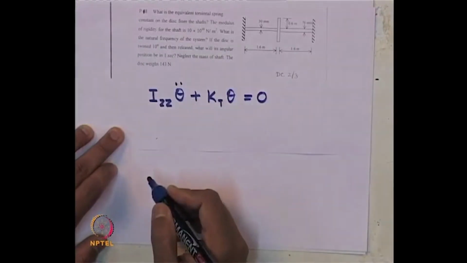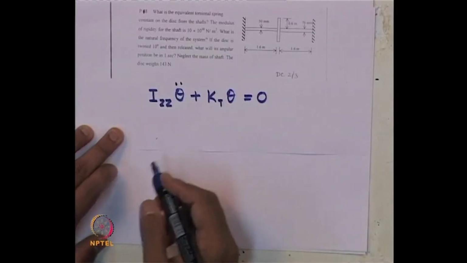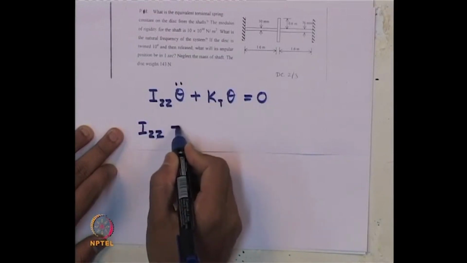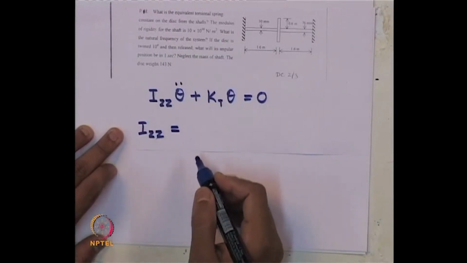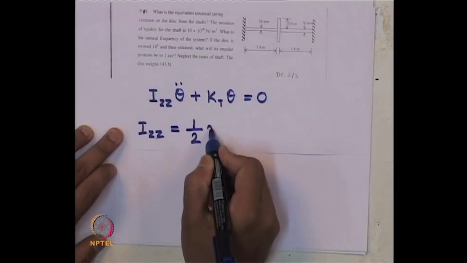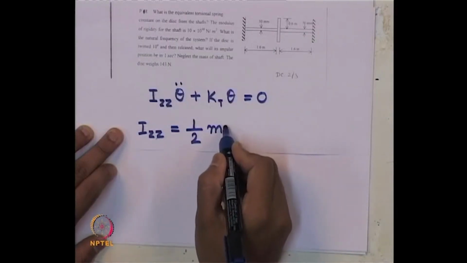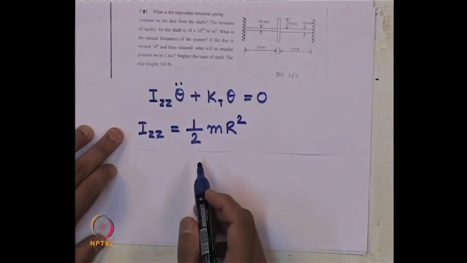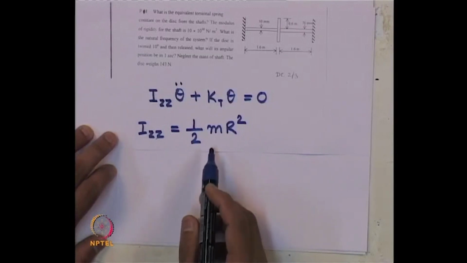This is the equation of motion. Now, how much is I zz for a circular disc? That is half m r square, the mass moment of inertia of a circular disc.